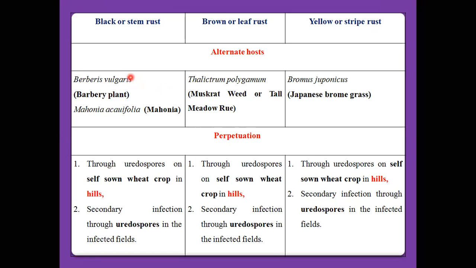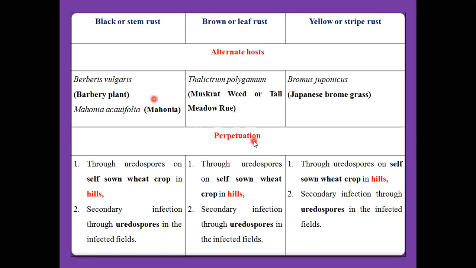In the Nilgiri and Palani Hills, some grasses and self-sown wheat crop generally survive in the optimum temperature range.